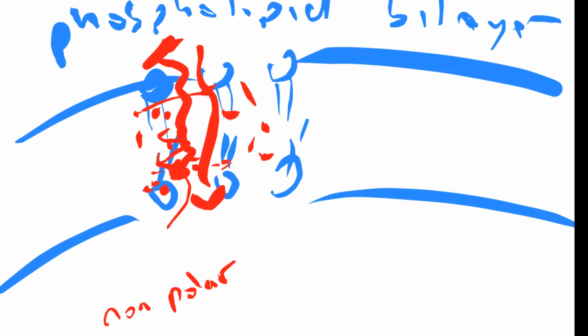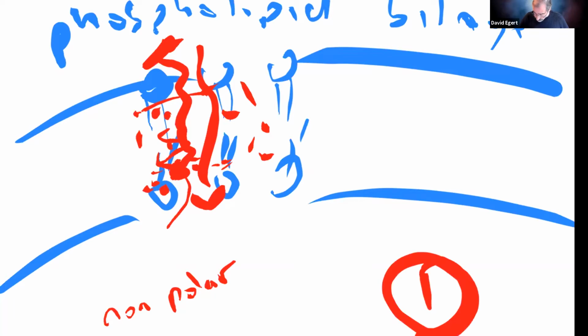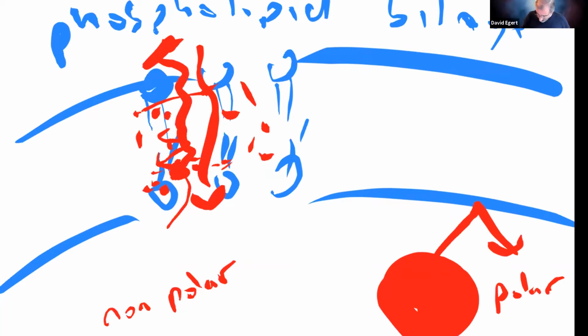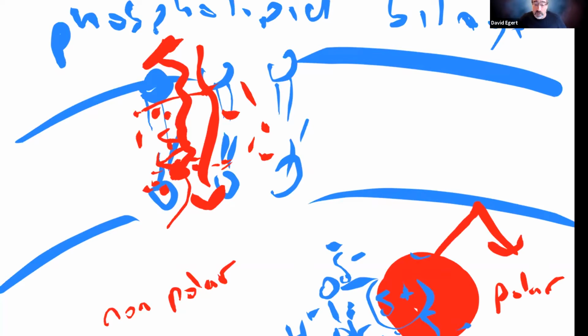Okay. We talked about things that are large and polar cannot penetrate, because, you know, H2O, it is attracted to the water molecules.